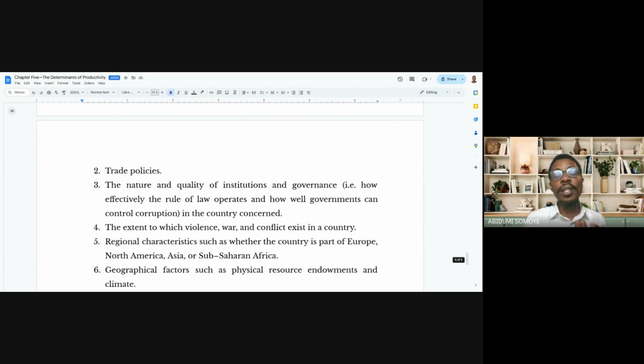So I usually mention to my students that if you have a strong rule of law, a strong legal system, that can move a country from developing to developed, because rule of law helps people to be accountable.